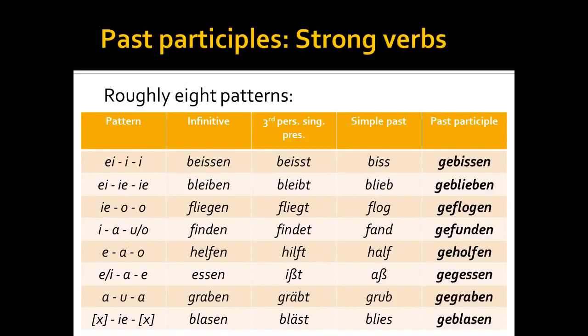Beißen, gebissen. Fliegen changes from an ie to an o. Fliegen, geflogen. So the ge prefix is there, the en ending is different than the weak verbs, and there's also a change in the quality of the vowel that's found in the verb stem.